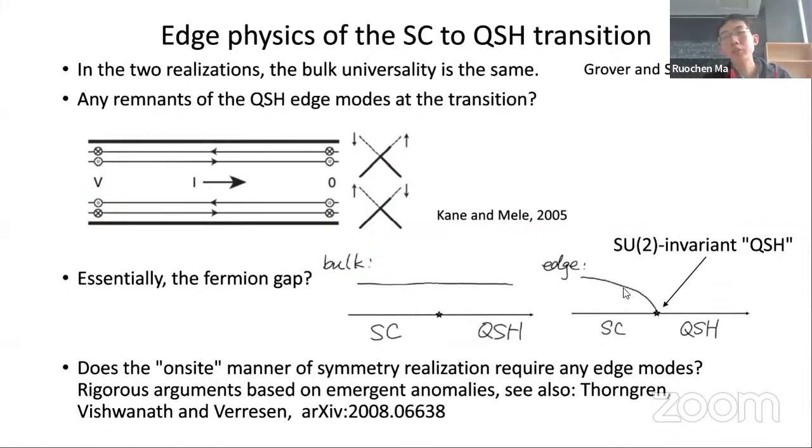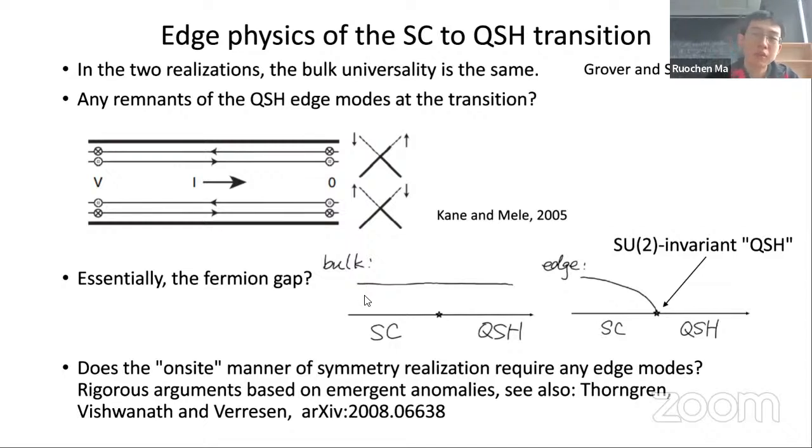So it's more clear to talk about the symmetry of the edge at the phase transition. A natural question is, does this on-site realization of symmetry require any certain type of edge modes? And if we have some edge mode, then what is the quantum number and what is the nature of this edge mode?